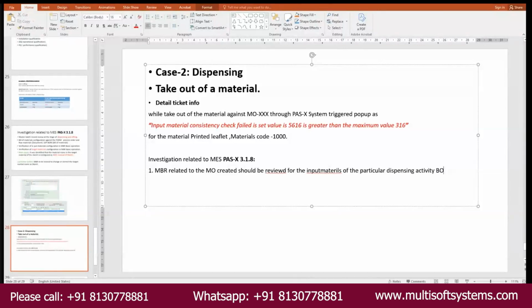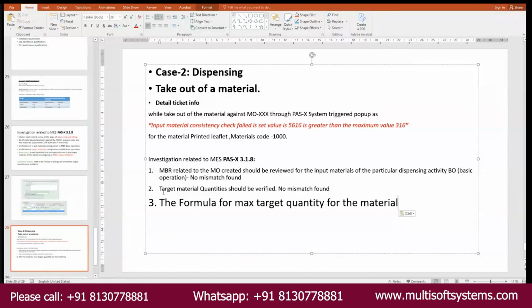BO means basic operation. And the formula for the maximum target quantity for the particular material.